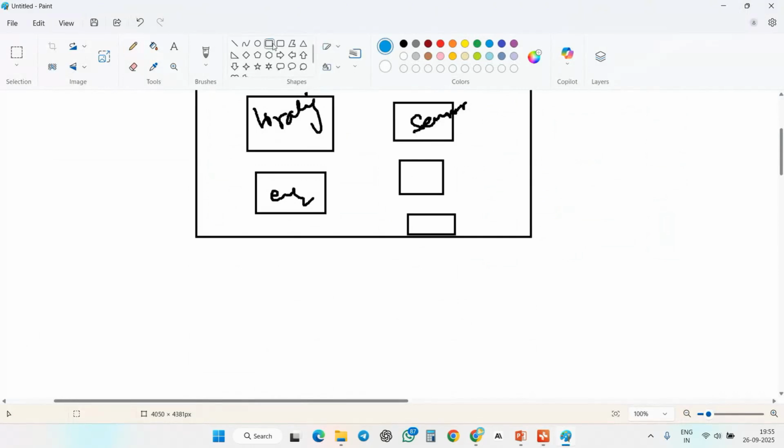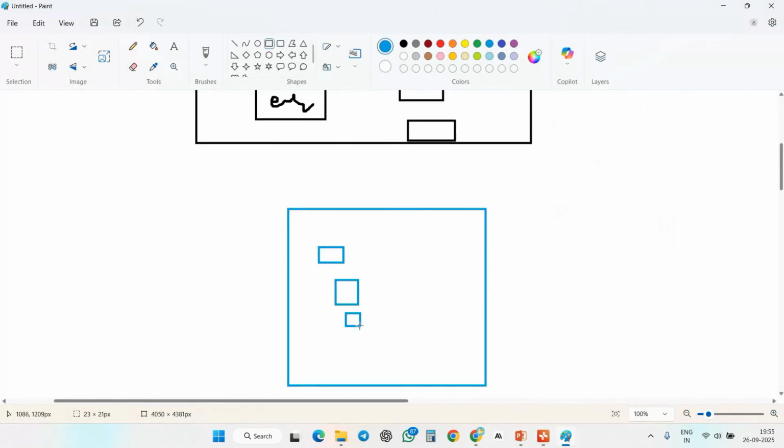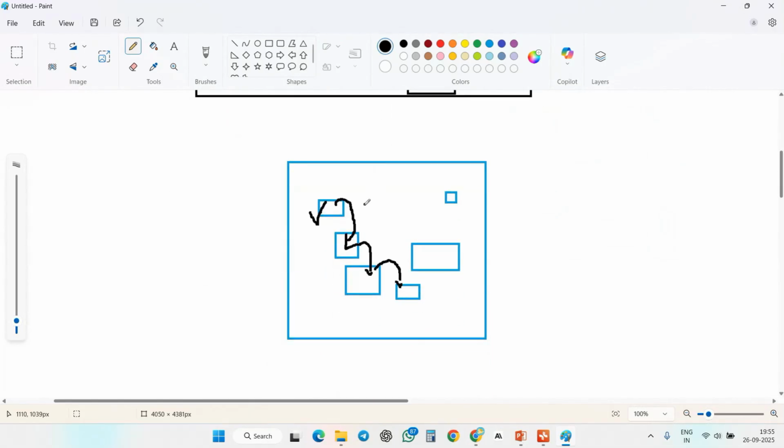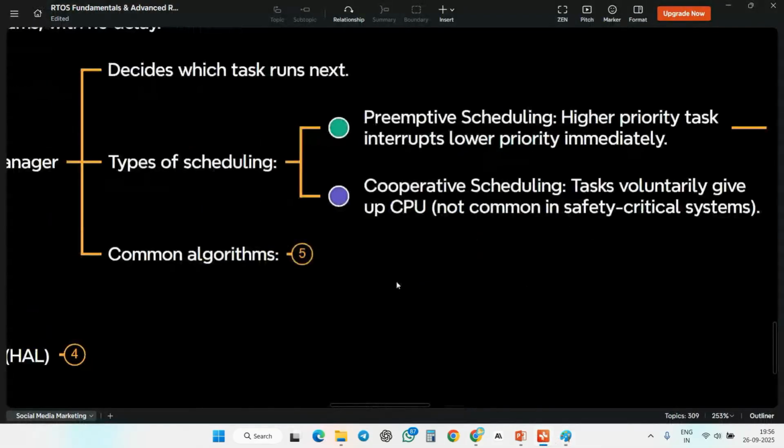If you are having multiple tasks to be performed, automatically when the first task has been completed, it switches to the next task. If no interrupt has come, if no preemptive job has come, then normally it just does cooperative tasks. Cooperative means it just synchronizes. When the first task has been completed, it goes to the second, third, fourth, fifth, sixth, like that. This comes under cooperative tasks.